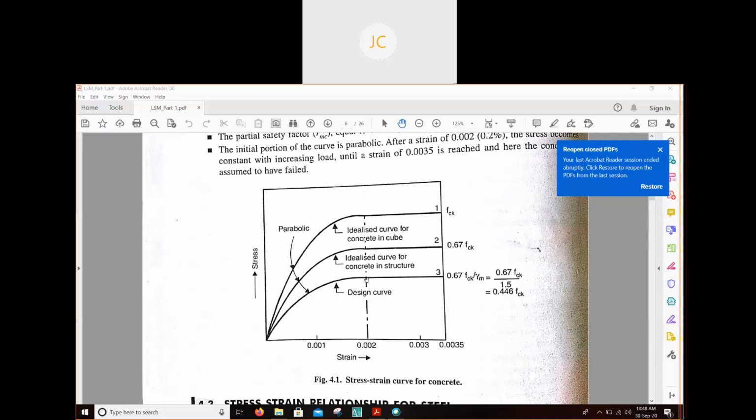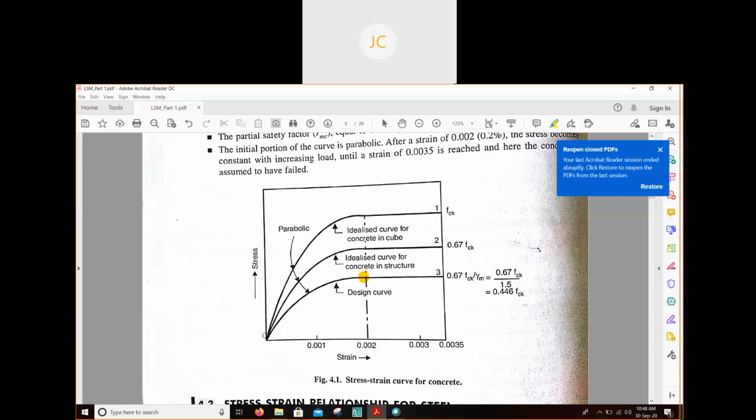After reaching 0.002, along the x-axis you can see the strain is increasing, but beyond this point the stress stays the same. Wait, I will show you. At this point our strain is 0.002.